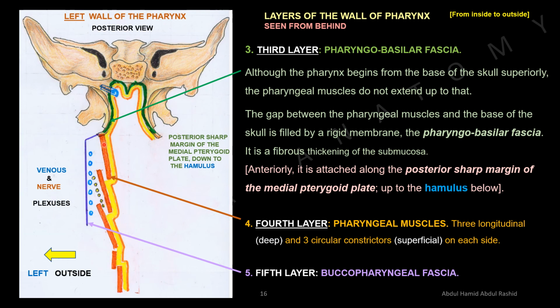They are also three pairs. This is the superior, this is the middle, and this is the inferior constrictor muscle. This is the thyropharyngeus part, and this is the cricopharyngeus part. And this is the esophagus.